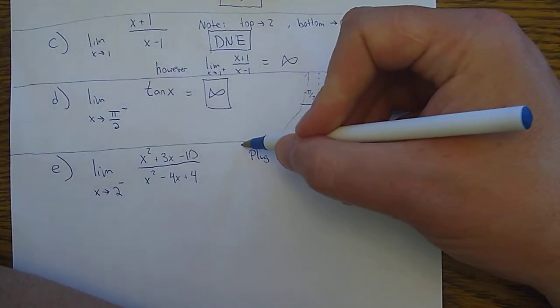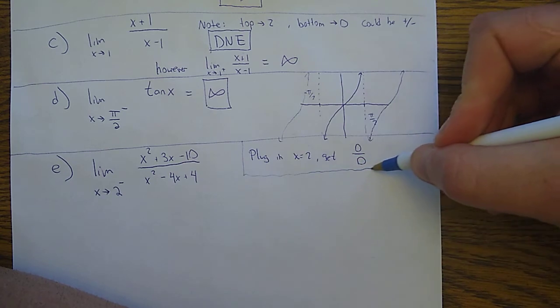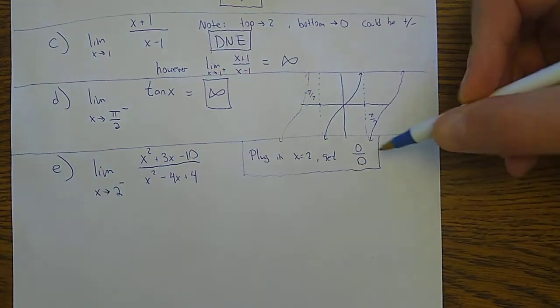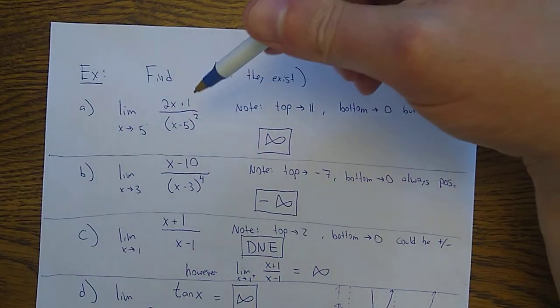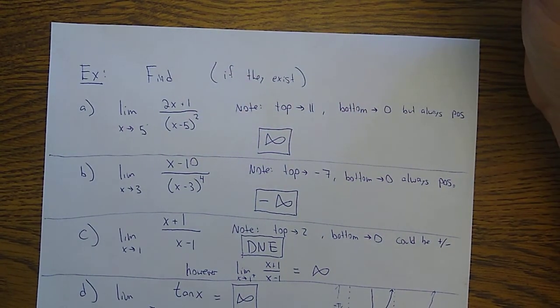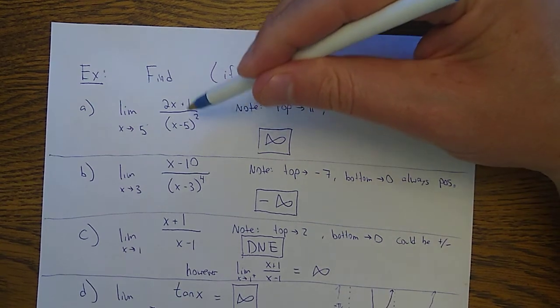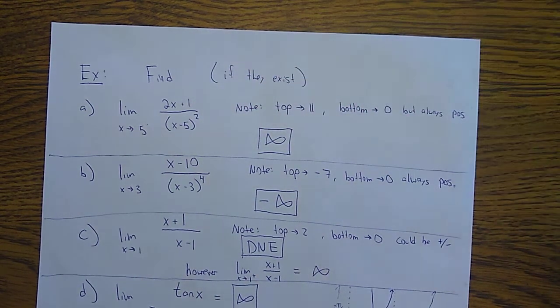So this is, typically, and let me explain a little difference here. In these ones up here, I was getting 0 in the bottom, but I was not getting 0 in the top. If you're getting 0 in the bottom, but you're not getting 0 in the top, there's 3 possible answers.